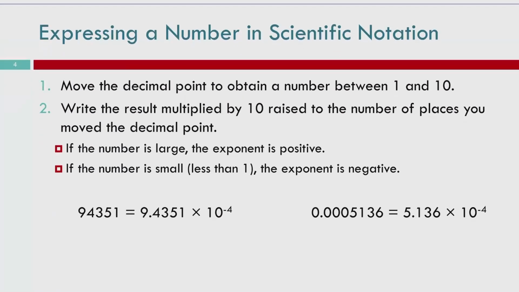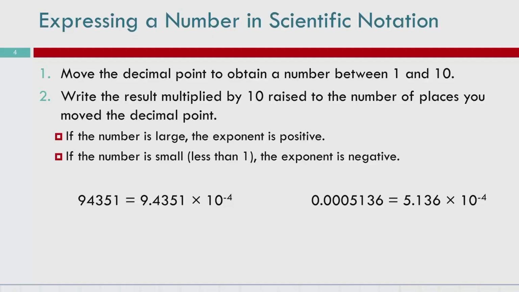Okay, if we want to put something into scientific notation, we're going to first get our decimal part. So we're going to move the decimal point to get a number between 1 and 10. We want one number to the left of the decimal, a non-zero number.